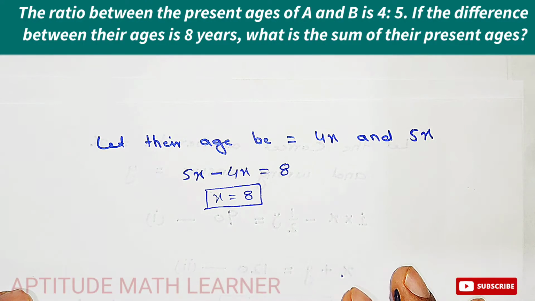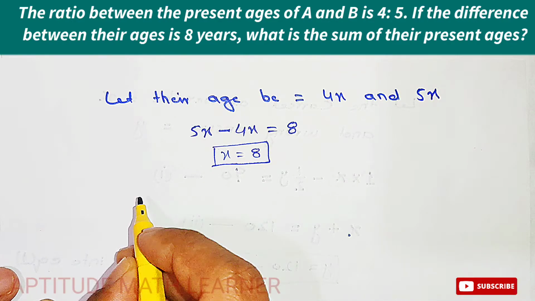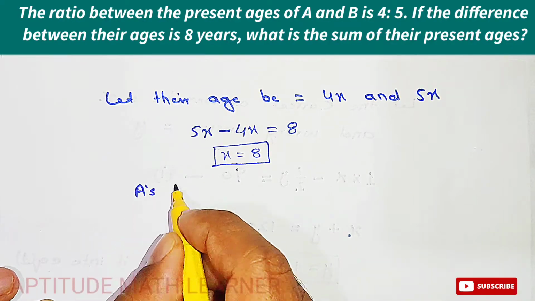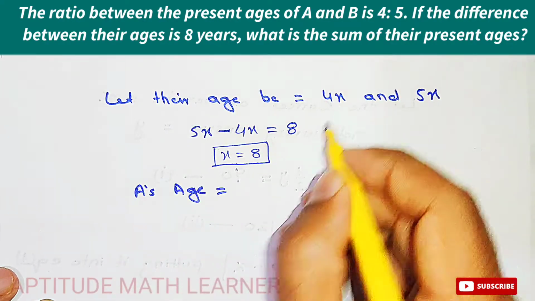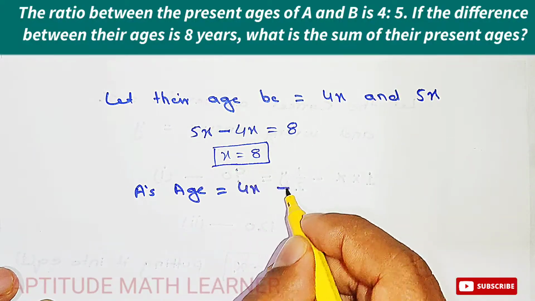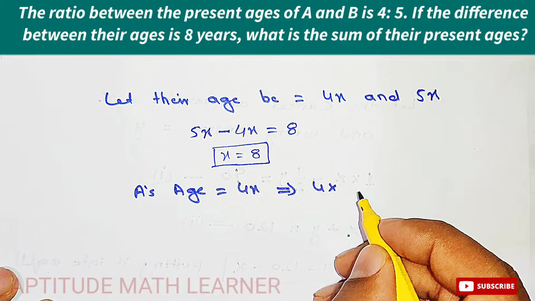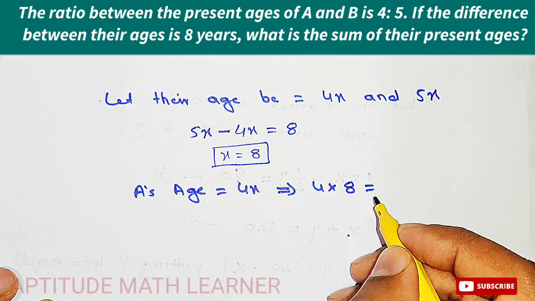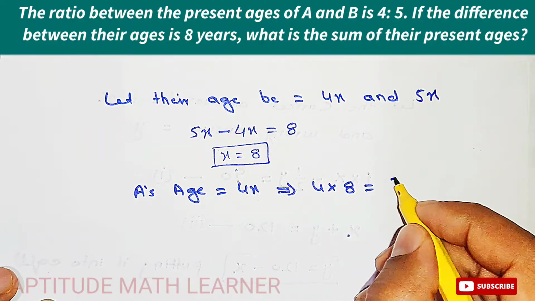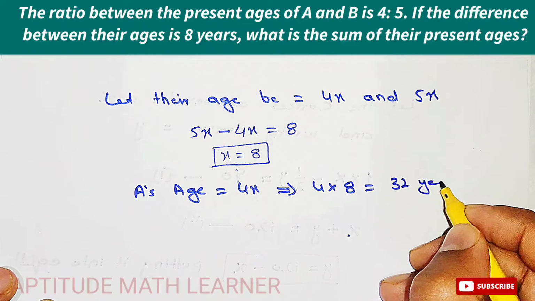Now the next thing we have to do is find out their real ages. So A's age is 4x, and this becomes 4 multiplied by the value of x, that is 8, so 4 multiplied by 8, that is 32 years.